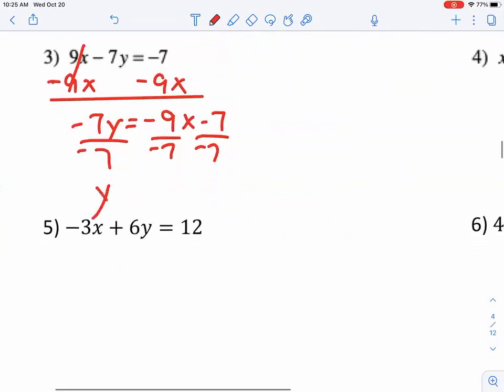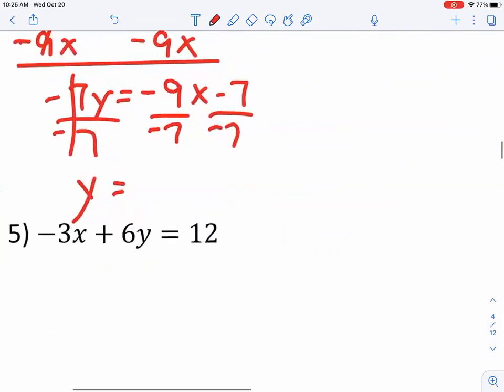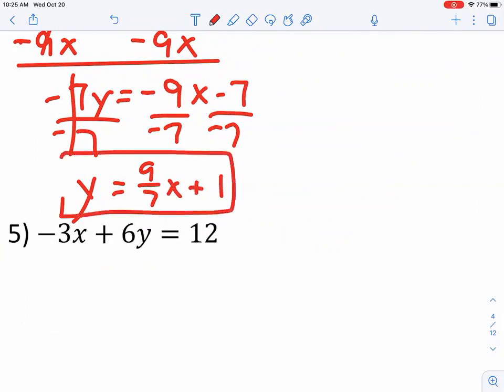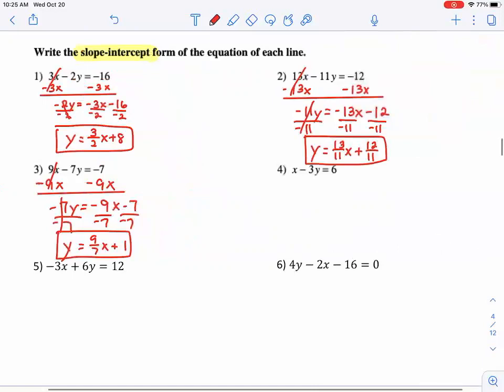And I get y equals 9/7 x plus 1. So again, that negative 7 divided by negative 7 will be positive 1. Any questions yet on the first 3?